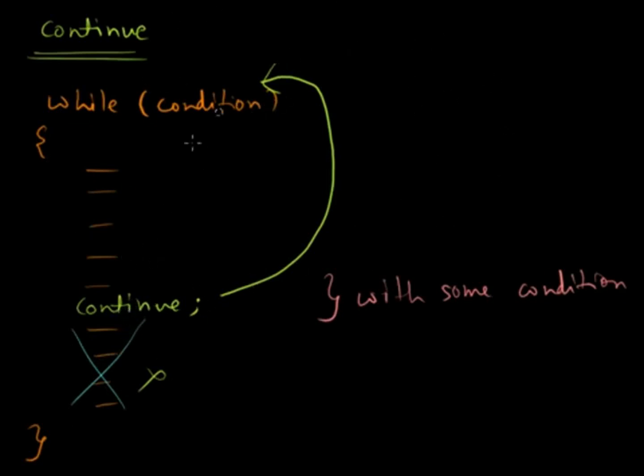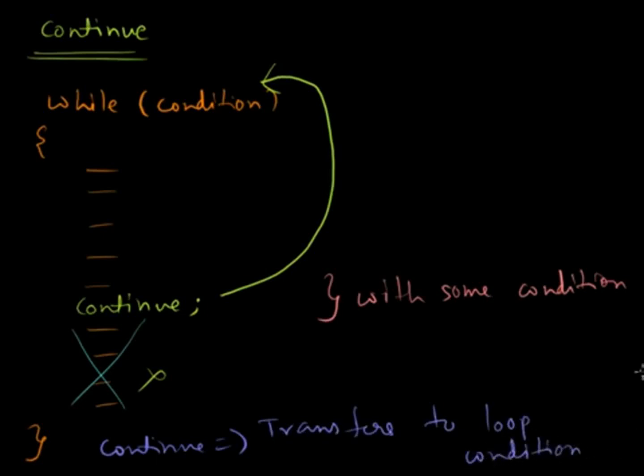That is, directly goes to the next iteration. It continues the loop by skipping the later statements. Okay, let me write it. What continue does is it transfers the control to the loop condition actually.